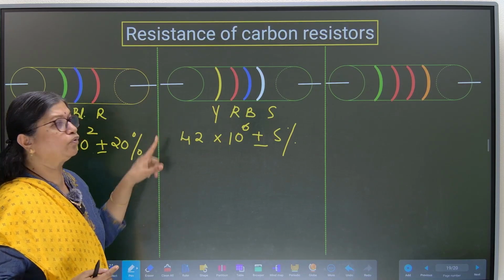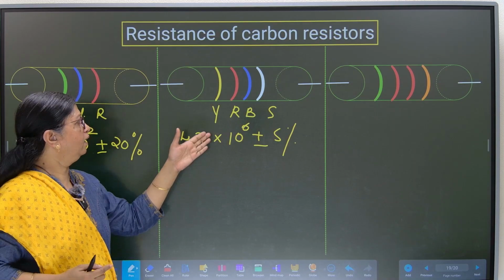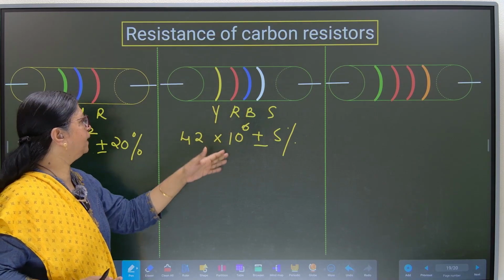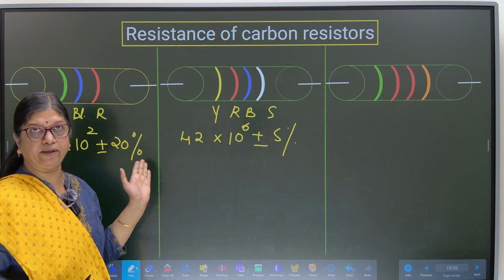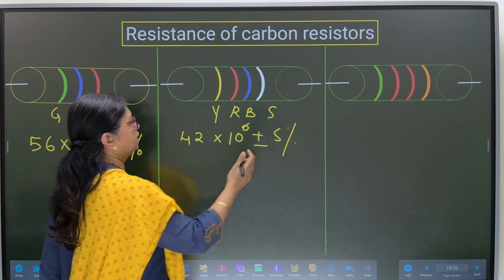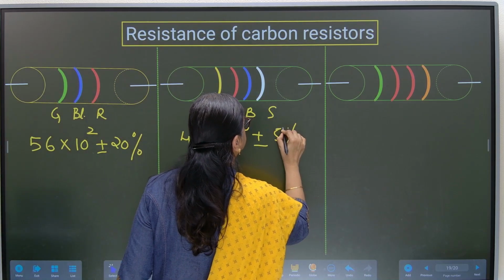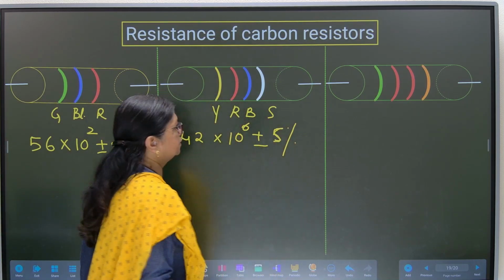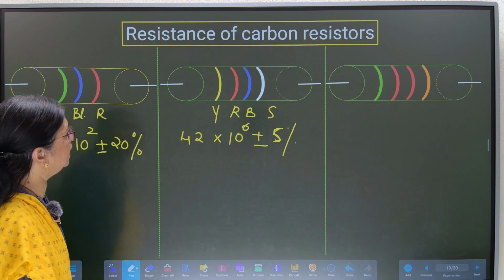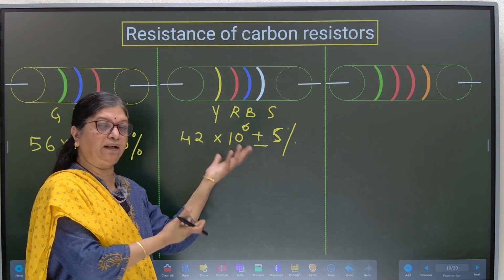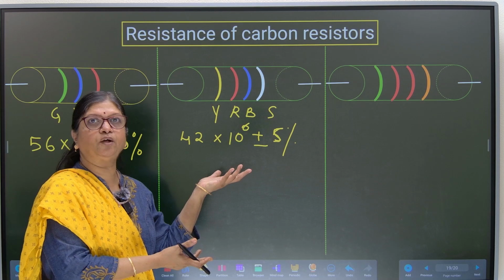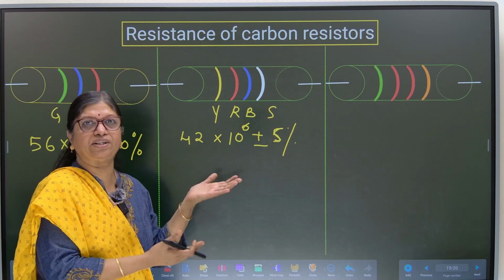I have written 4 for yellow. Fine. Okay. And red is 2 and blue is 6, which was indicated here already. Plus or minus, it is 5% tolerance. Fine. Okay. Similarly, let us go. So using the trick, you can write down the correct resistance.